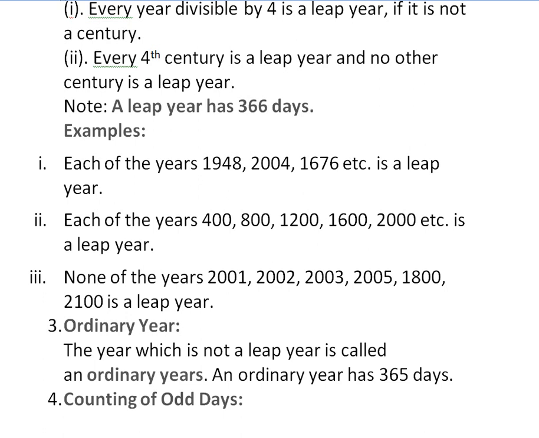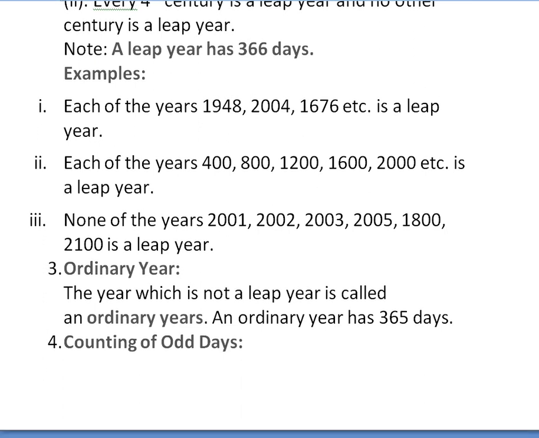None of the years 2001, 2002, 2003, 2005, 1800, 2100 is a leap year, because they are not divisible by 4 or are non-leap centuries. An ordinary year is a year which is not a leap year. Like we have 2021, an ordinary year which has 365 days and not 29 days in February.